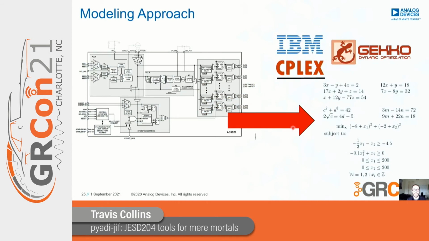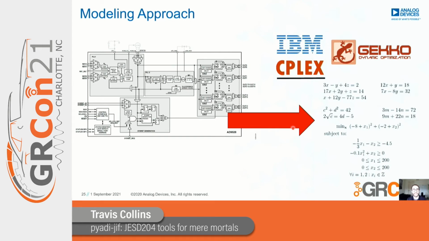So internally, mathematically, JIF models the different components and converts them to equations. We just have an example of a clock chip here where we're taking those PLLs and converting them to linear and nonlinear equations. And then we use different solvers to determine the optimal values of certain dividers or certain PLLs inside the parts based on some input that you have.